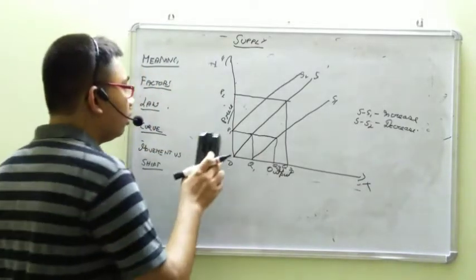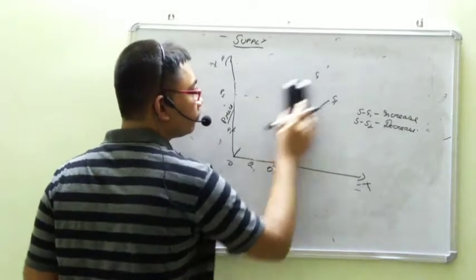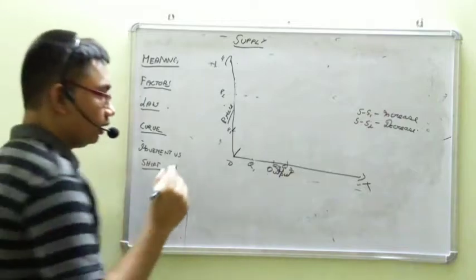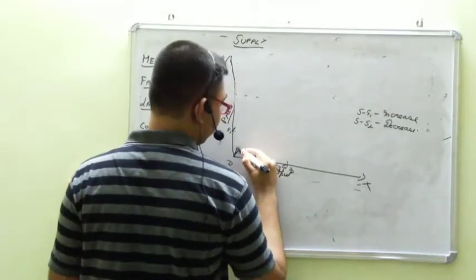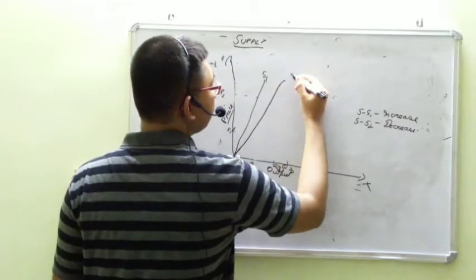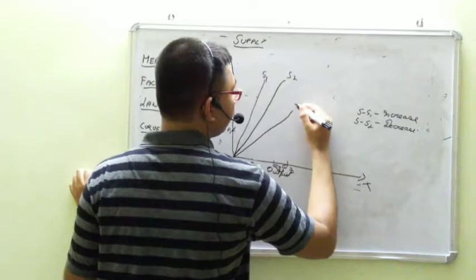Now, there is another concept called market supply. In the market, there will be many suppliers. Let's say there are three suppliers, with supply curves S1, S2 and S3.